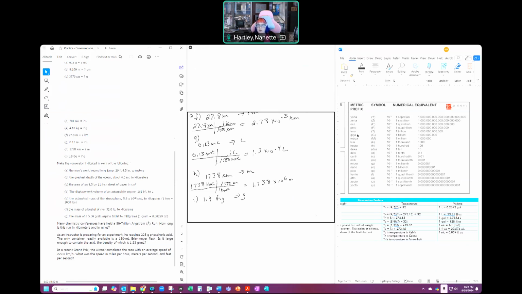So I need to see what the relationship between giga and gram is. So giga is that big G, and there are 1 billion grams in a gigagram. So 1.9 gigagrams. 1 gigagram is 1 billion.